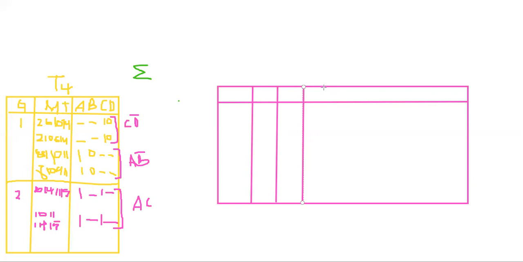Can any one of you tell me how many digits we have? We have 2, 6, 8, 9, 10, 11, 14, 15, right?